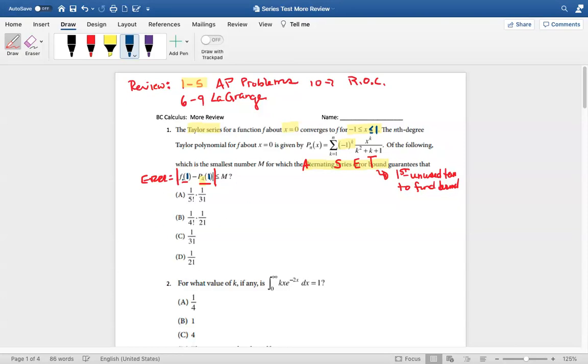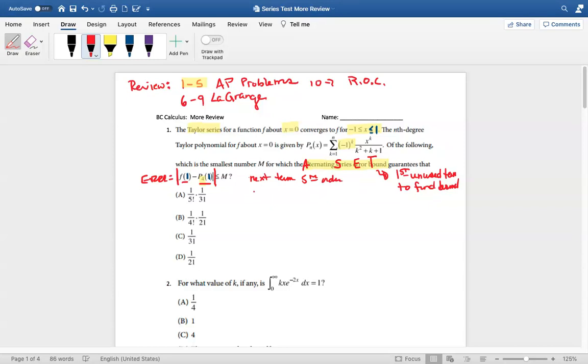So I'm plugging 1 into the function. No, I'm not. I'm actually plugging 1 into the predictor, right? And I want to know when I do that, what's the worst case scenario? Because my series is alternating, I can just find the next term, which is 5th order.